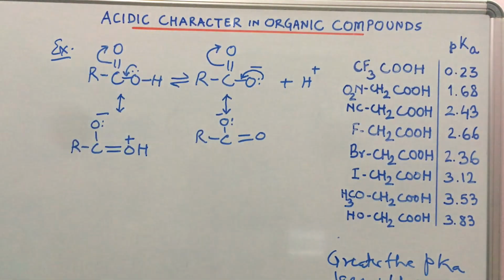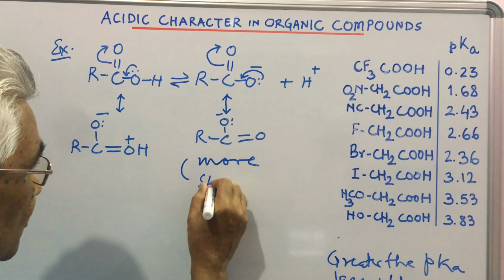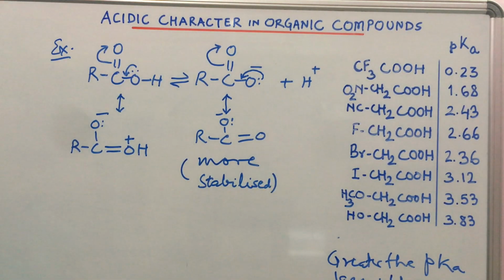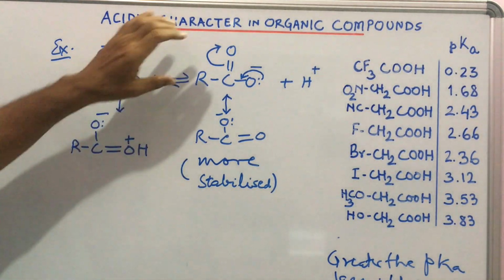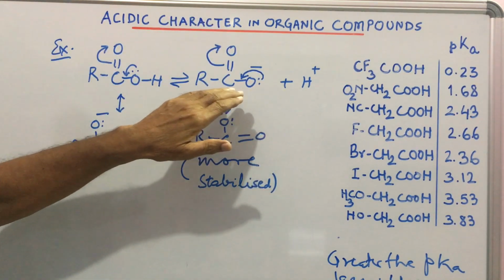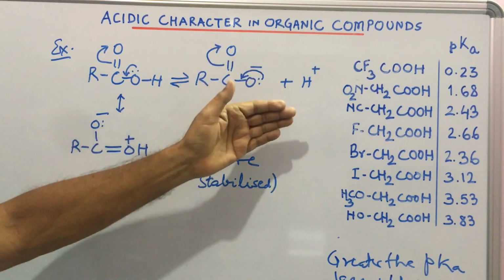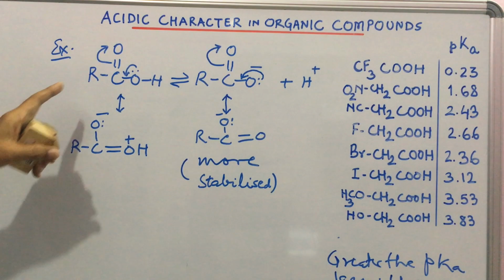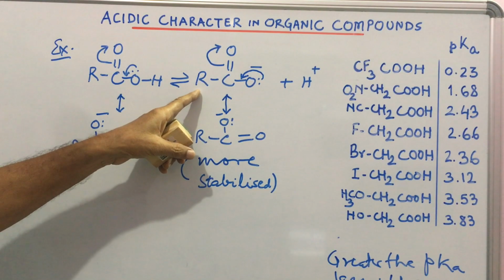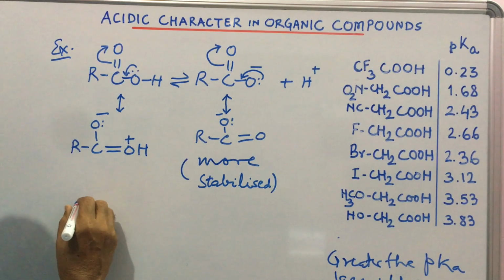I told in my resonance lecture that the more the number of resonating structures of equal energy, the more is the stabilization. So, this system is more stabilized due to resonance, because unless this is of lower energy than this, it will not be formed. A product cannot be of higher energy. So, carboxylic acids are acidic in nature because the anion left is stabilized. You can see this example.